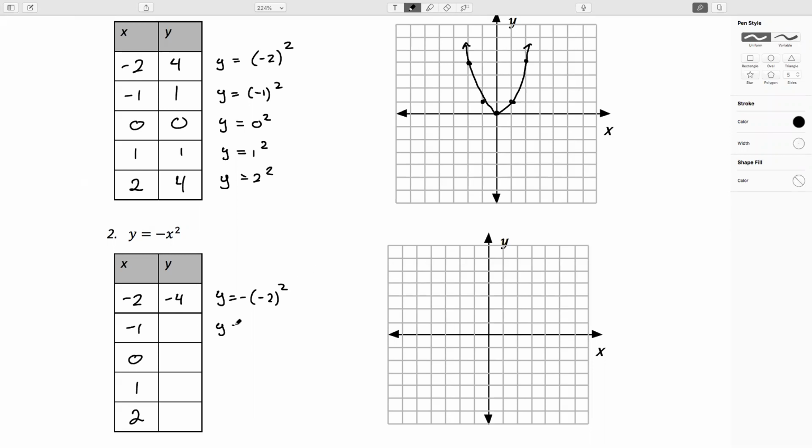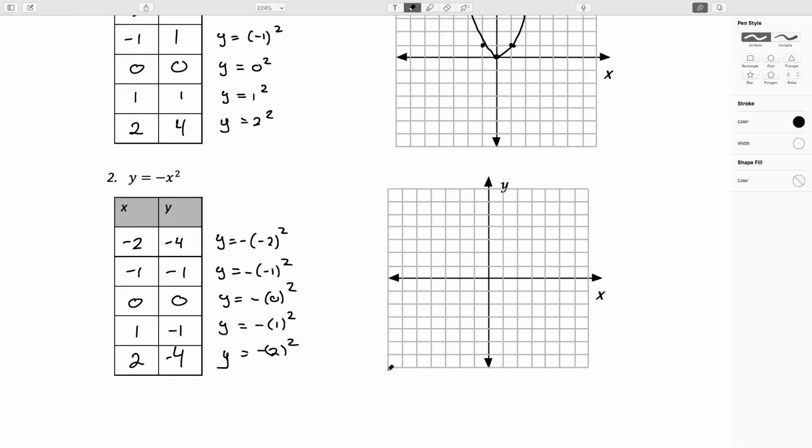This one will be y equals -(1 squared), which will be -1. This will be y equals -(0 squared), which is 0. This will be y equals -(1 squared), which is -1. And this will be y equals the negative of 2 squared, which is -4.